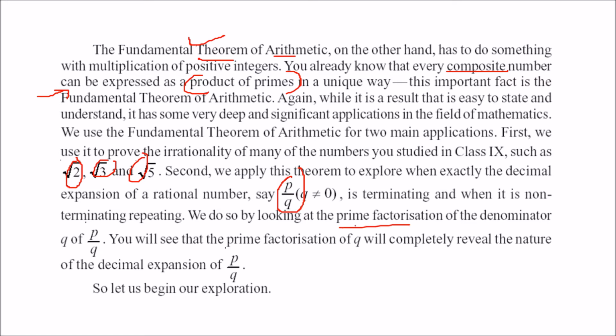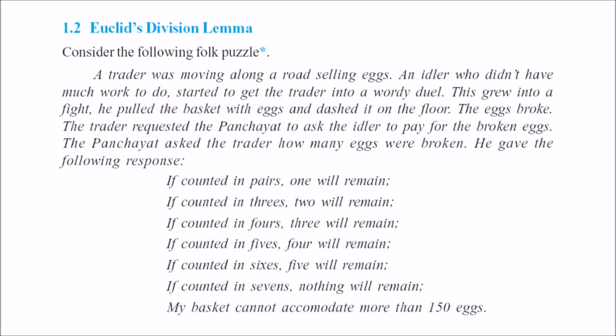We'll see the prime factorization of the denominator q, and by this it will give us the idea of whether our decimal is stopping, or it has a concrete value, or it is going to repeat or non-terminate. We'll start with the Euclid division lemma.